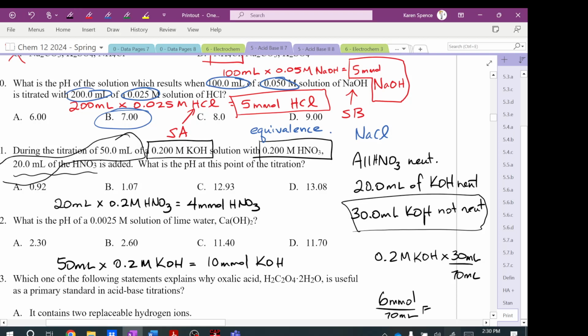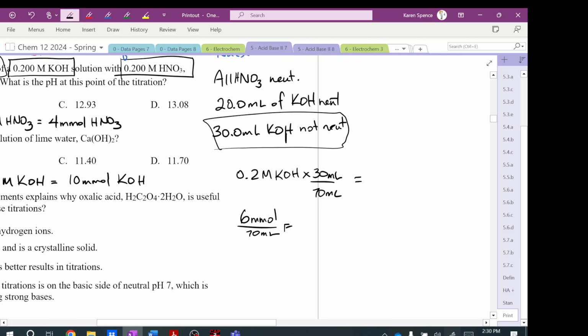You'll get the same number as here, 6 divided by 70, 0.0857.